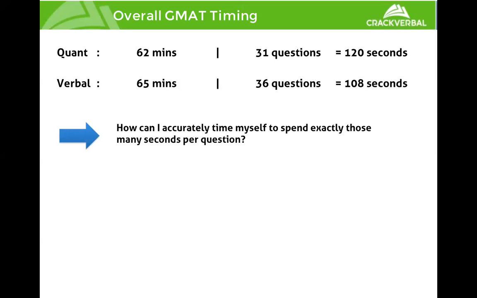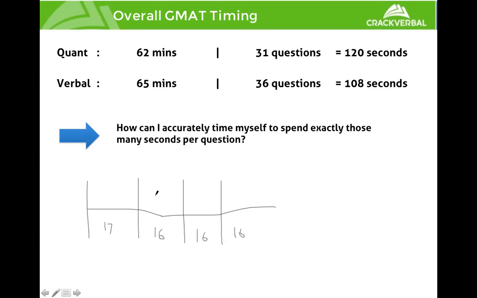The way I would keep the time strategy is, I would break it into 4 parts. I'm talking about verbal now. Instead of looking at it as 65 minutes, I'm going to look at it as 17, 16, 16, 16. So you can split it into 4 quartiles of about 16 minutes each. I'm adjusting the first quarter to 17 minutes instead of 16 because we have a total of 65 minutes.